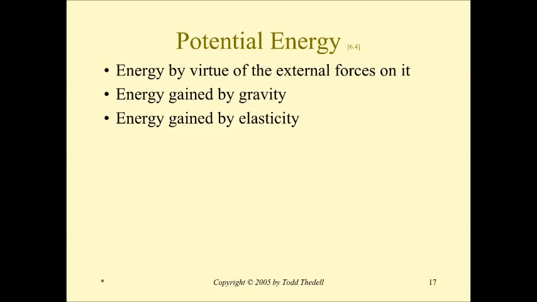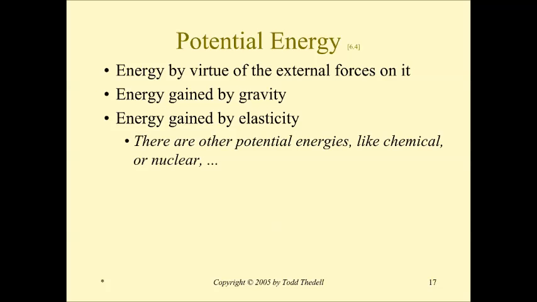Or it could be elasticity, like a rubber band, or a bungee cord, or a spring, or something like that. There are other types of potential energy, and maybe we'll look at some of them in the future, but right now the mechanical energies we're going to look at are these two, the gravitational and the elasticity.